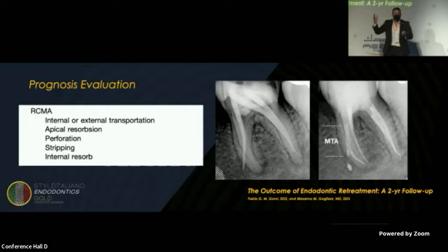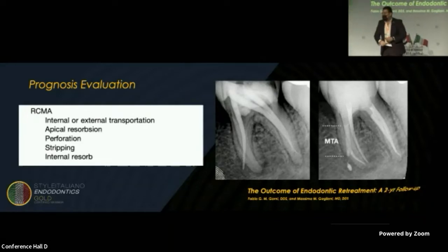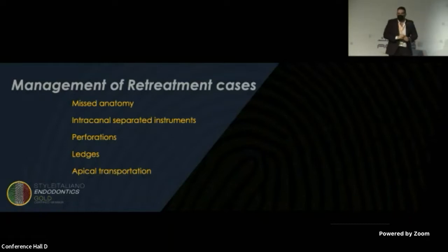We can manage the perforation using MTA or putty bioceramics, but still the prognosis is lower than in the case of no alteration to the root canal anatomy. So we should understand this and know the prognosis of our case before starting treatment, so we can manage the discussion with the patient about the prognosis. Don't give promises to the patient in cases like this, because we already don't have a high percentage of good prognosis.